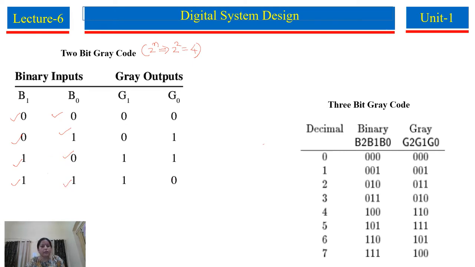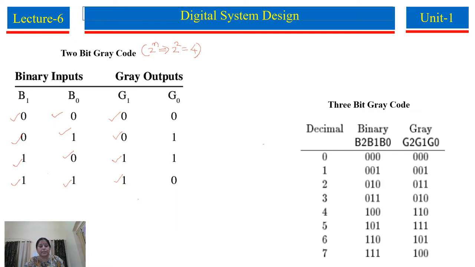Okay, now I want to write the gray code. Again, for 2-bit gray code the possible combinations are 4, divide by 2. So first of all we write two 0s and two 1s. I already explained in the previous class that gray code is also known as unit distance code or mirror code.